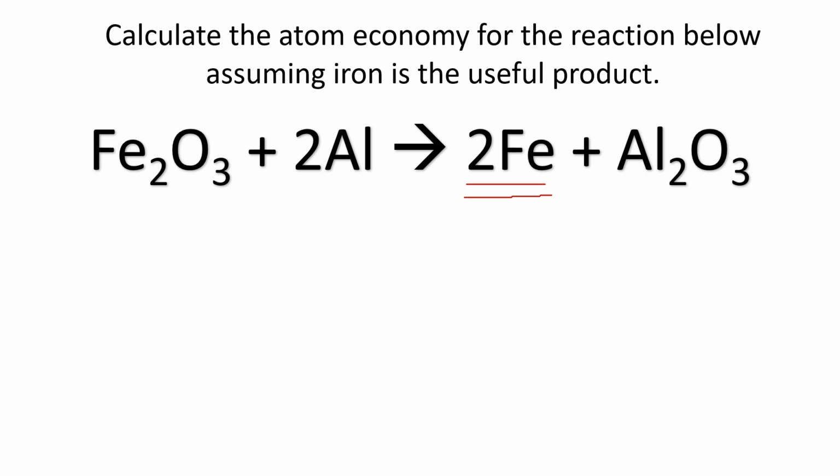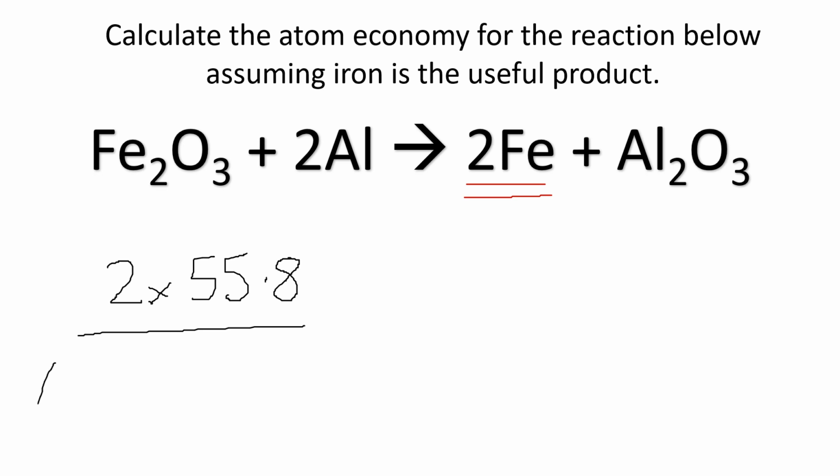Okay, so iron is the useful product, and if you look it up on your periodic table, which you should have to hand, you'll see that its atomic mass is 55.8. And because there's 2 of them, we have to times it by 2. And then what we're going to do is divide by the atomic mass of all the elements.